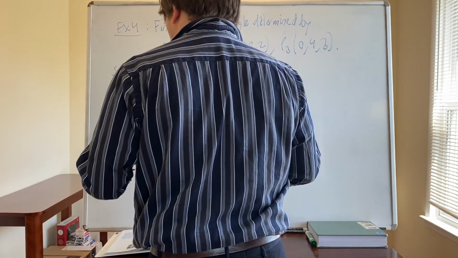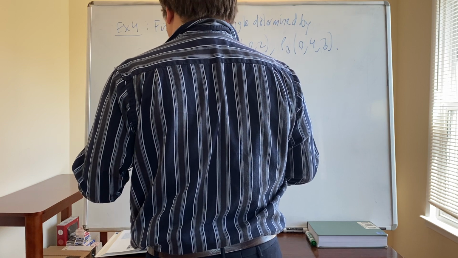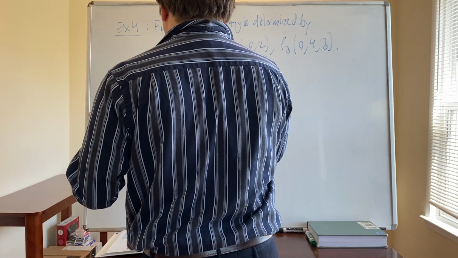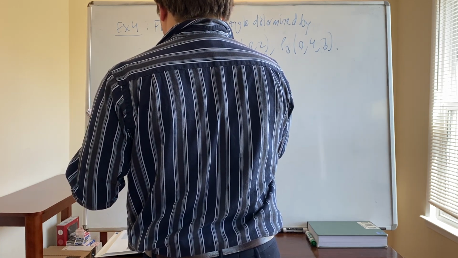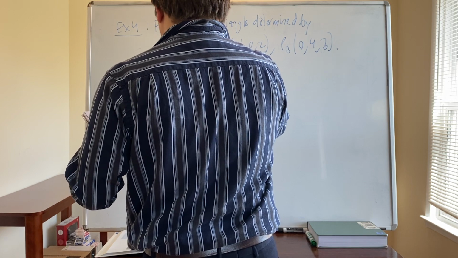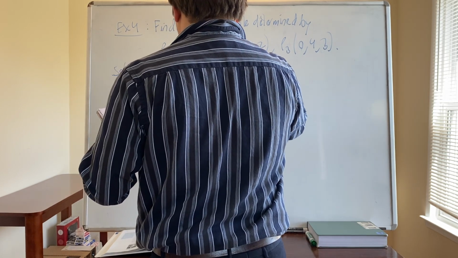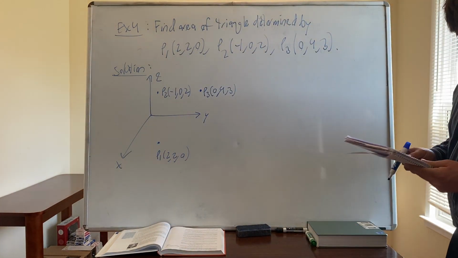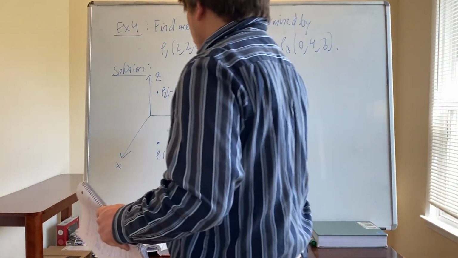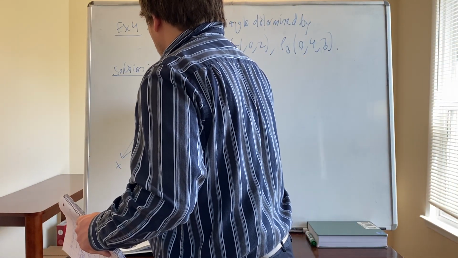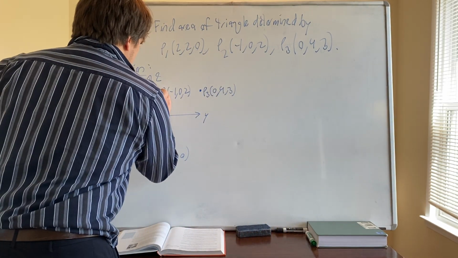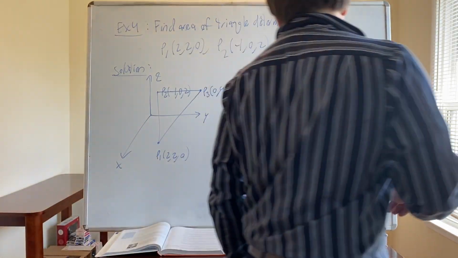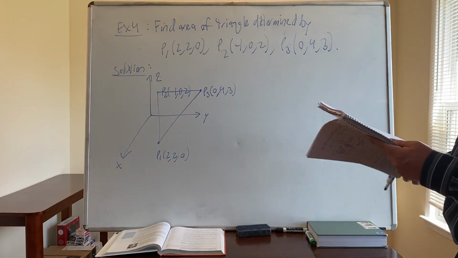And P3 is the point 0, 4, 3. Okay, so those are my 3 points there. The triangle determined by those 3 points is just the triangle whose vertices are those 3 points. There's only one triangle whose vertices are P1, P2, and P3. And so the goal will be to find the area of that triangle.